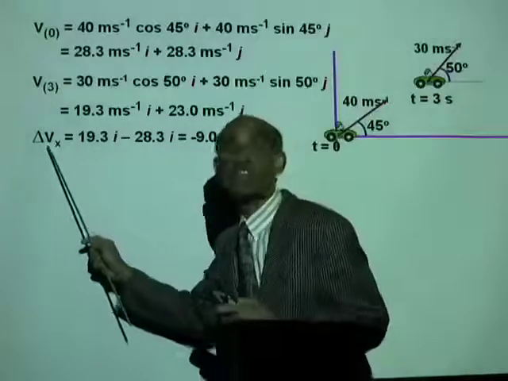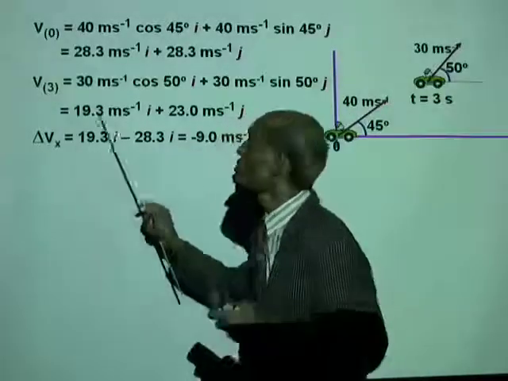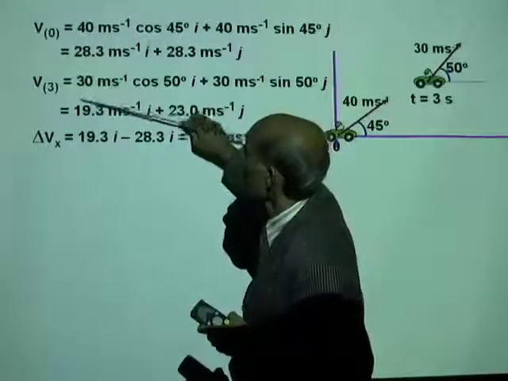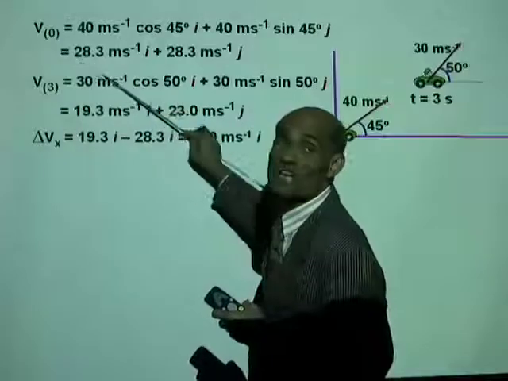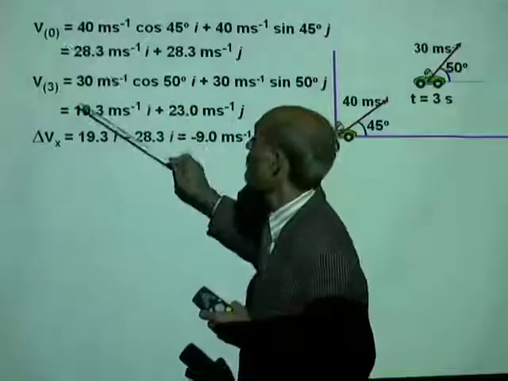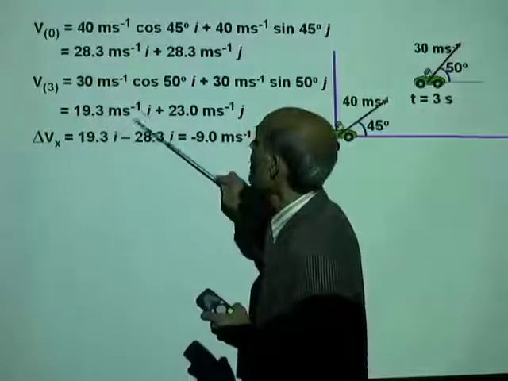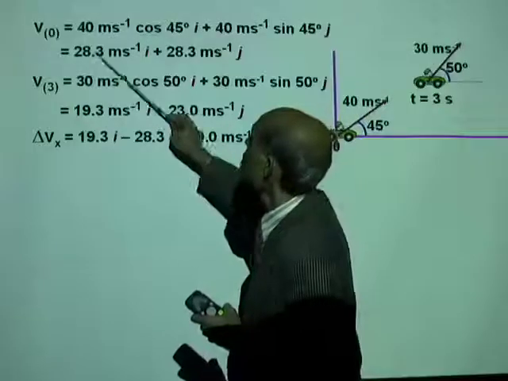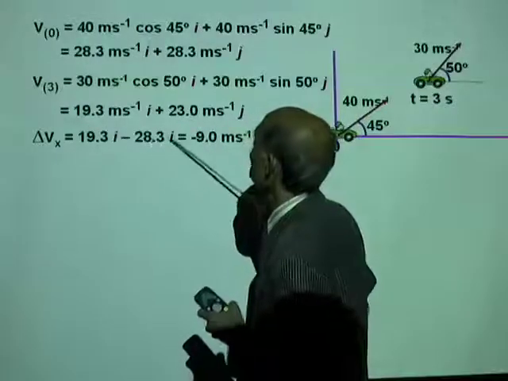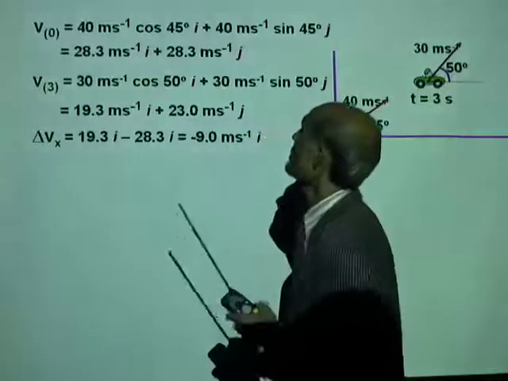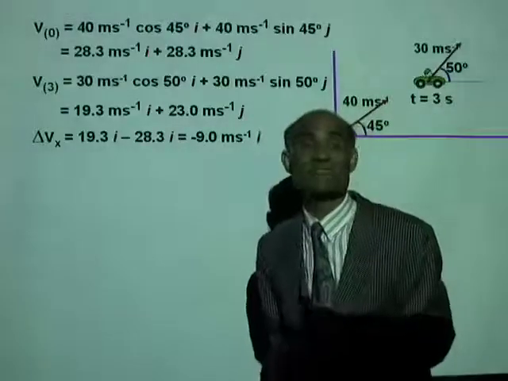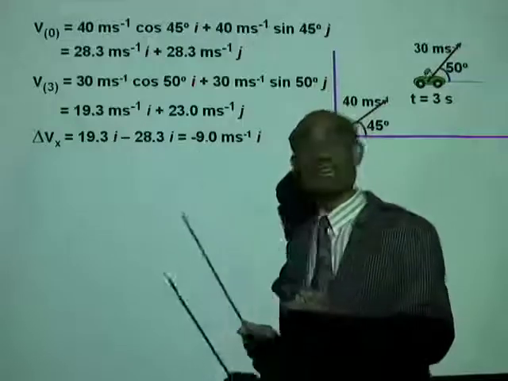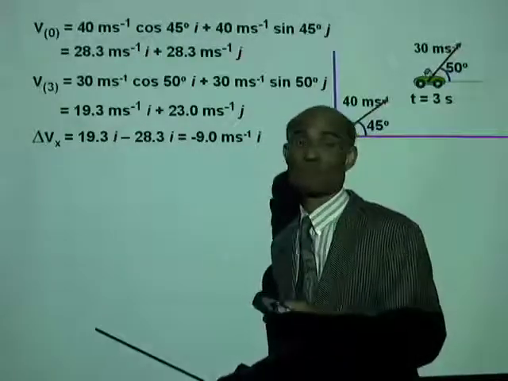The change in the x velocity. The change in the x velocity will be the final x velocity minus the initial x velocity, which is 19.3 minus 28.3 i. That will be negative 9 meter per second i. That is the change in the x velocity.